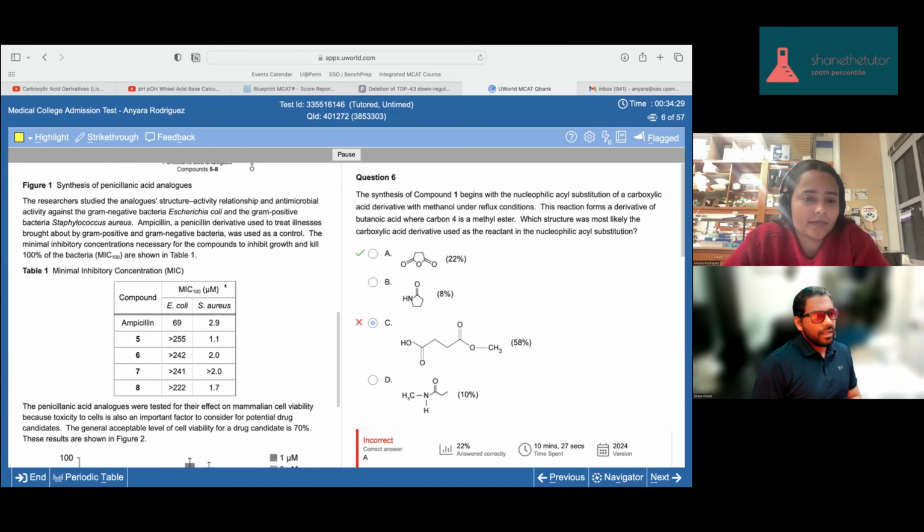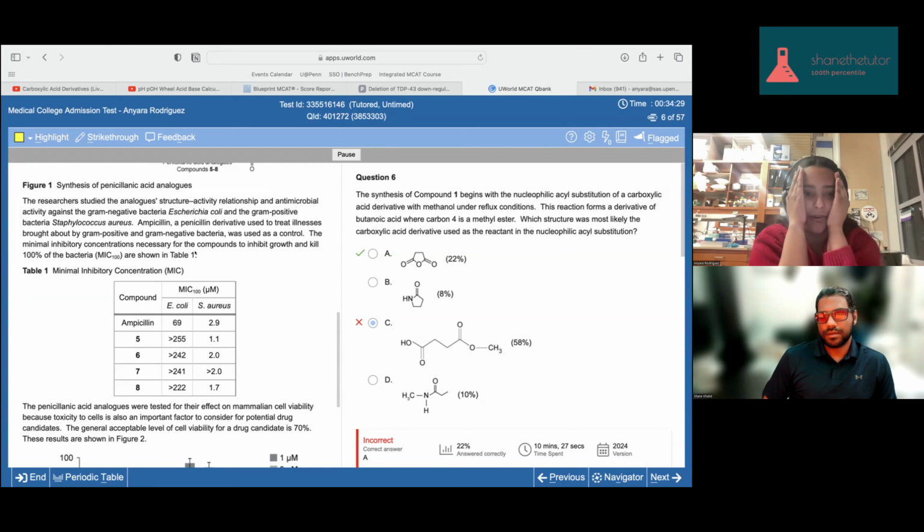Is it proportional to the strength of killing bacteria, or inversely? Let me think about it. The smallest amount to kill bacteria.